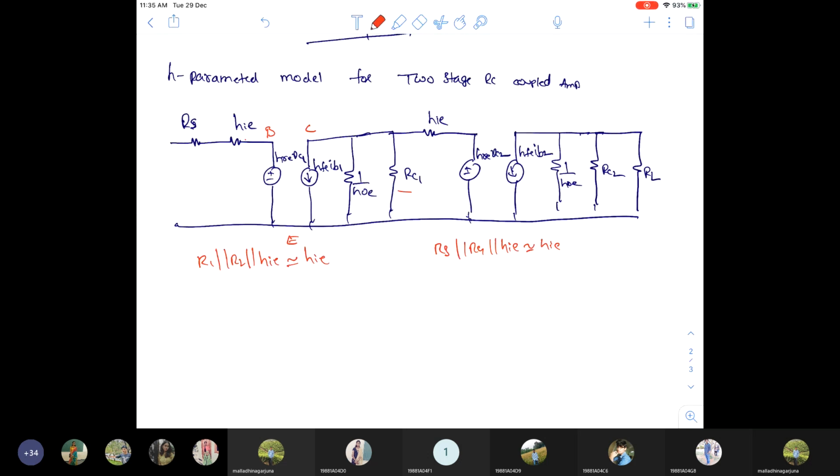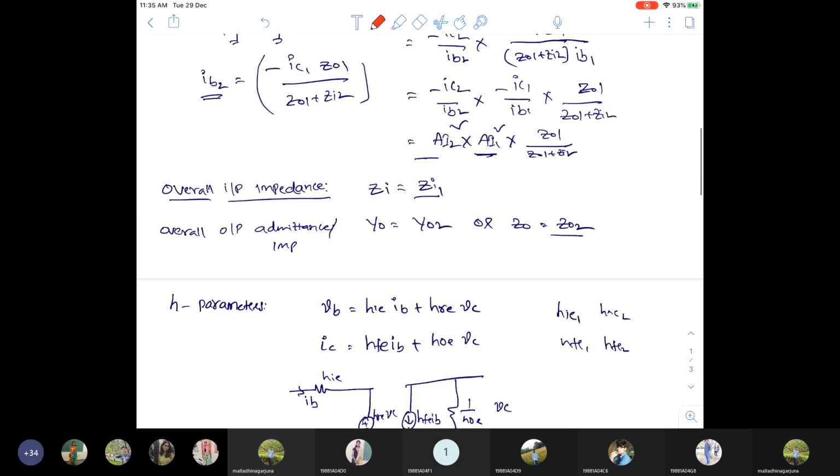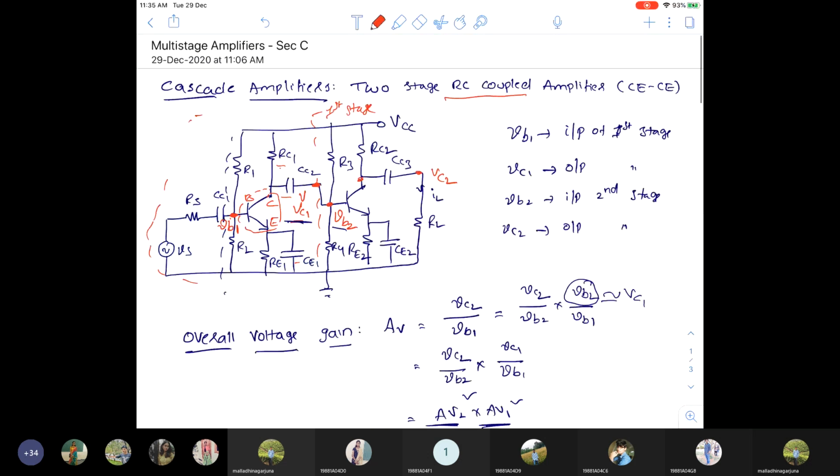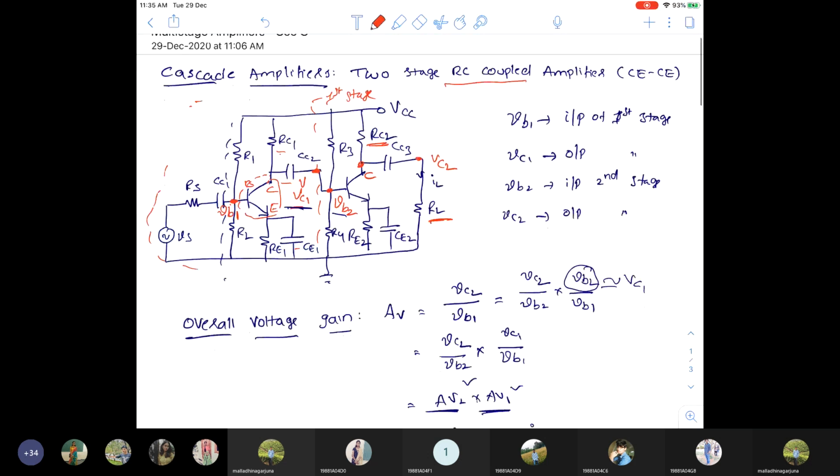The first stage output has the collector resistance RC1. In the second stage, at the collector terminal, RC2 is there and RL is there. So I kept it as it is, and this is your H parameter model.